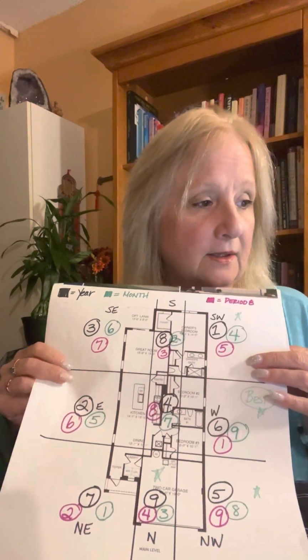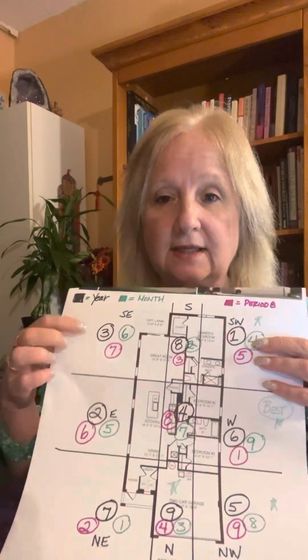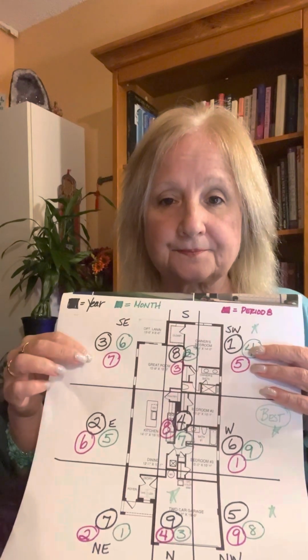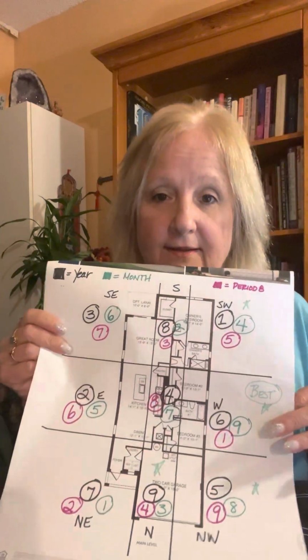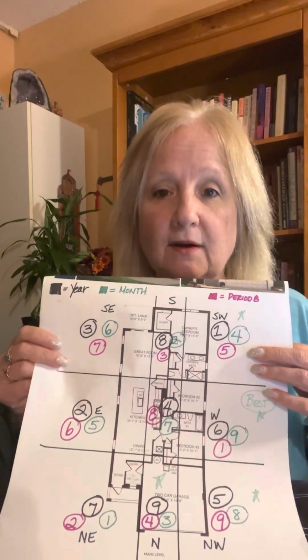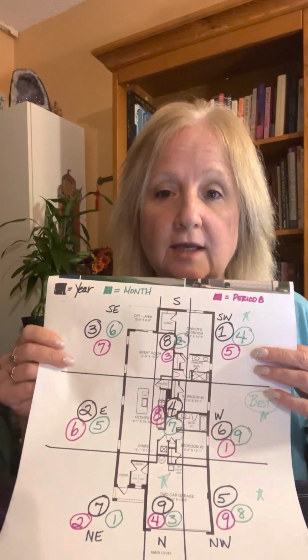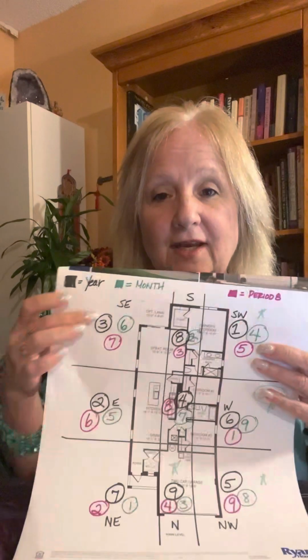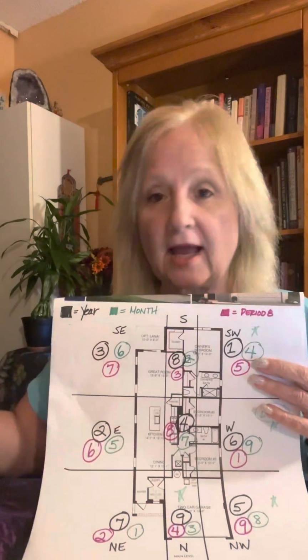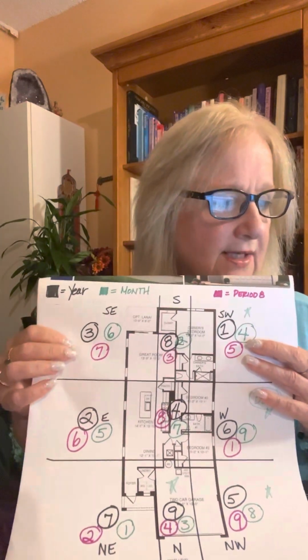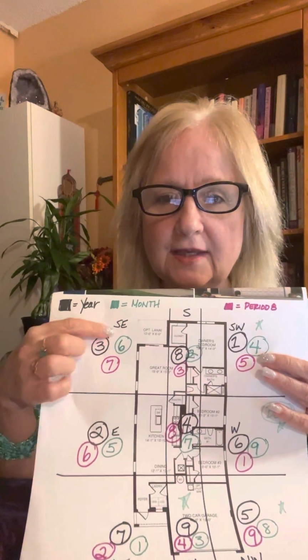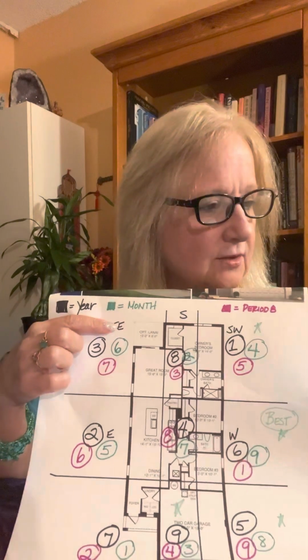Okay, now as you can see, I have numbers circled here, and I thought it would be great to show you what the flying star energies are for March, so that I'm not just speaking them, but you can actually see how the energies are flying around, okay? So I'm going to put my glasses on so I can see. So in the southeast, you can see we have the southeast corner here.